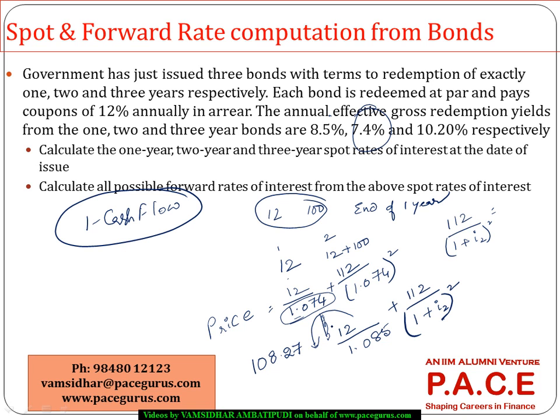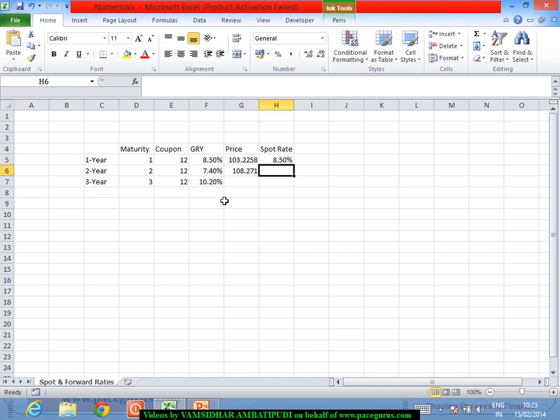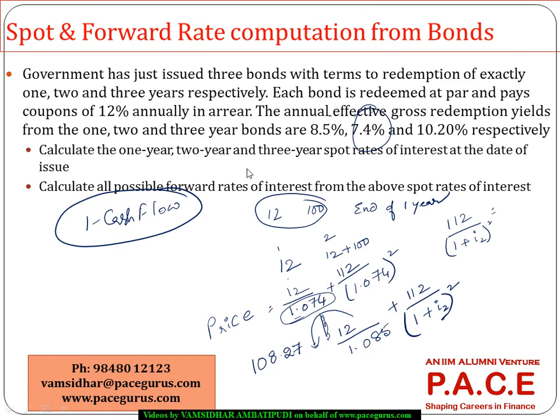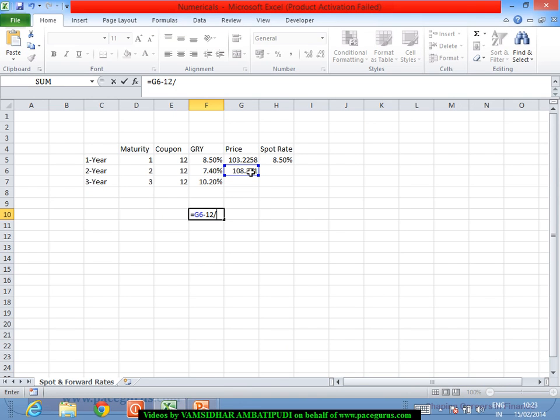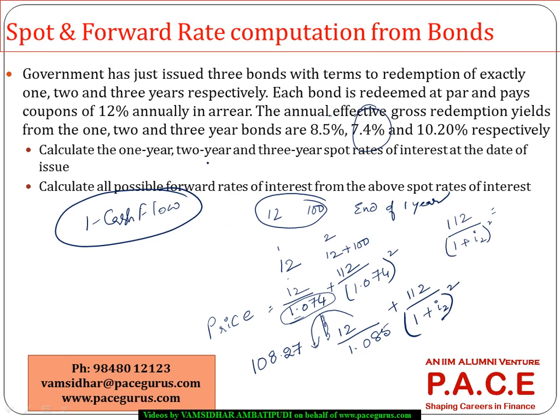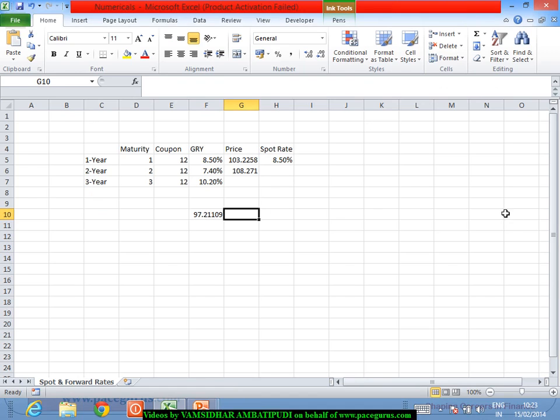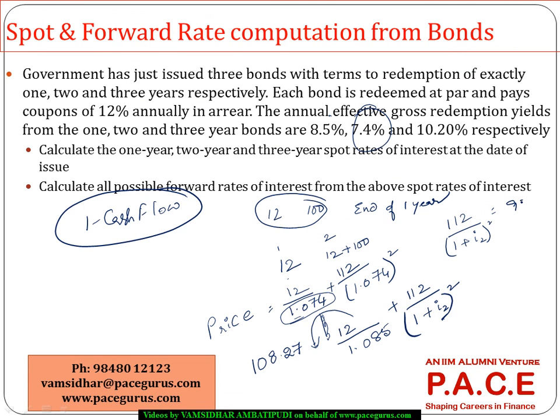So 108.27 minus 12 divided by 1.085. 12 divided by 1.085 is giving me 97.21. So 112 divided by 1 plus I2 squared is 97.21. So a bit of mathematics and rearrangement.